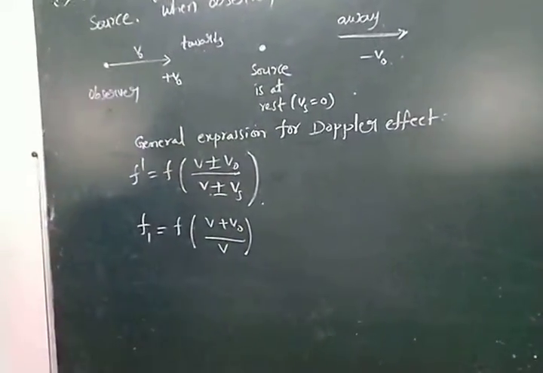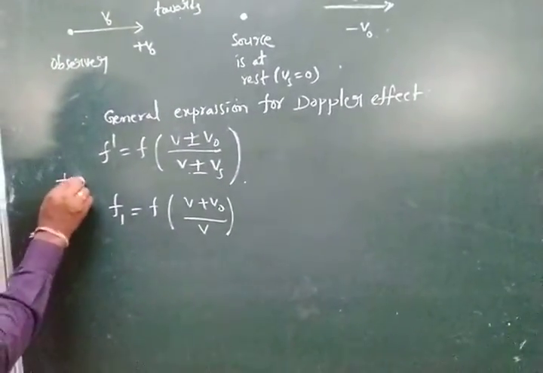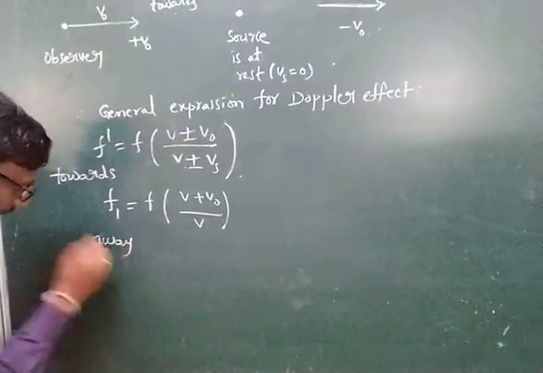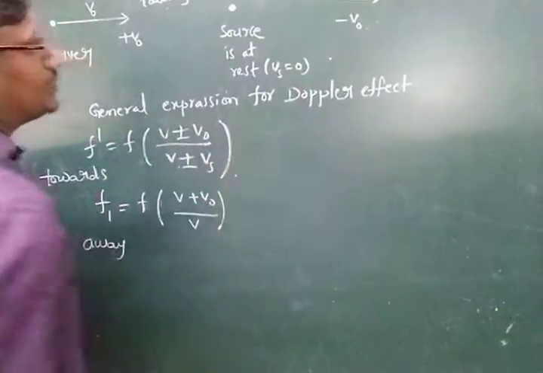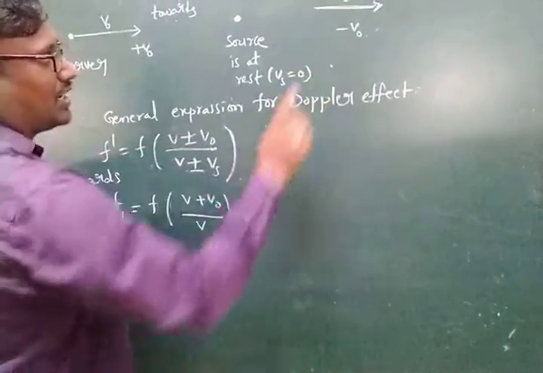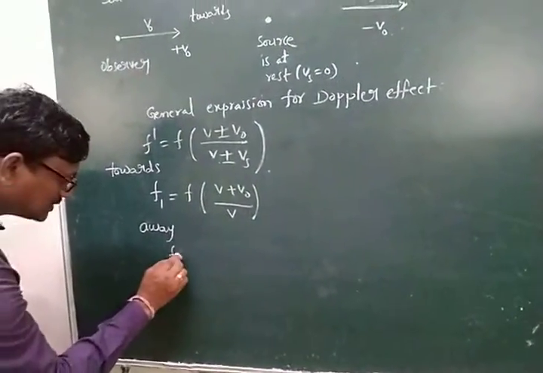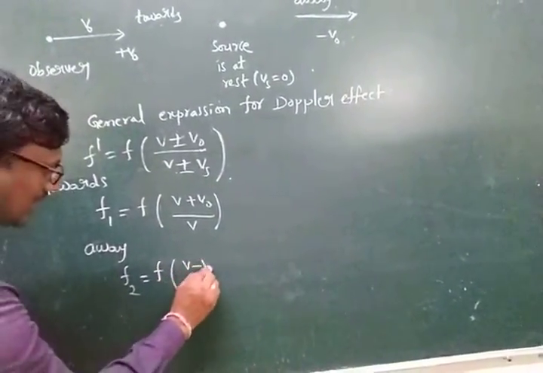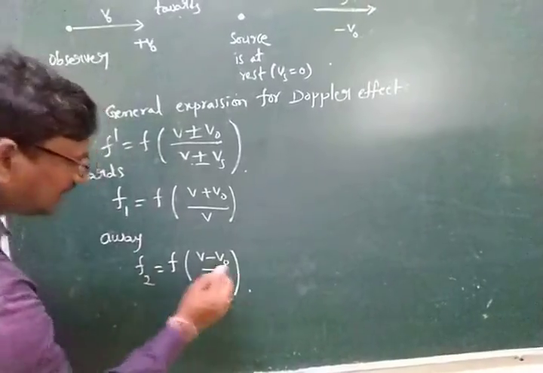This is the general expression for towards. Next, away: when the observer moves away from the source, v naught is negative. That frequency f2 is equal to f into v minus v naught by v.